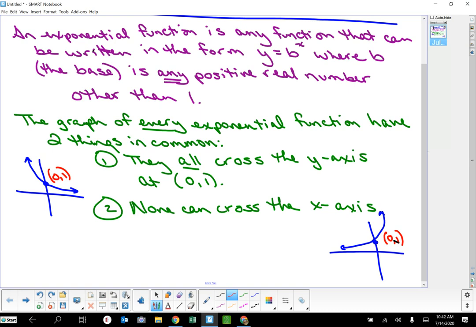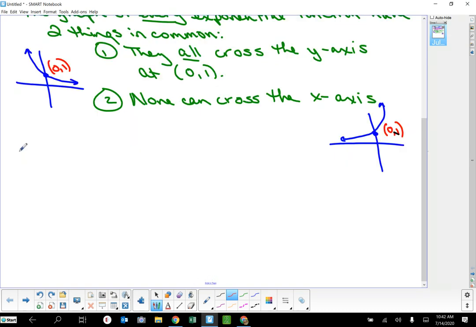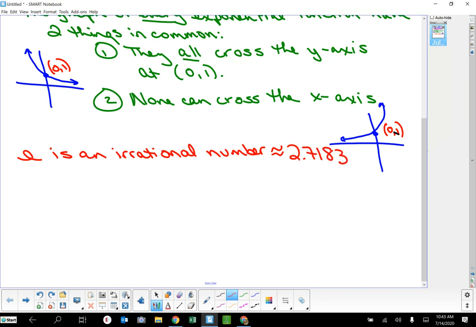Alrighty. There's a couple other things you need to know. E, a cursive e written like that, is a button on your calculator that we'll talk about in a moment. It is an irrational number. That means it doesn't ever end. It can't be evaluated exactly, kind of like pi. It equals approximately 2.7183.